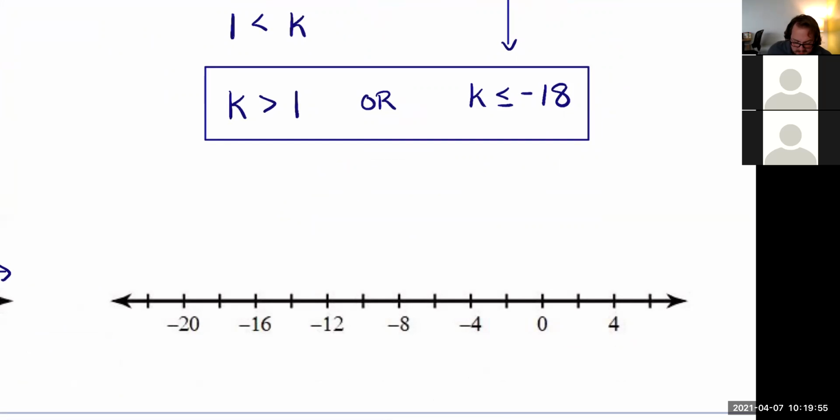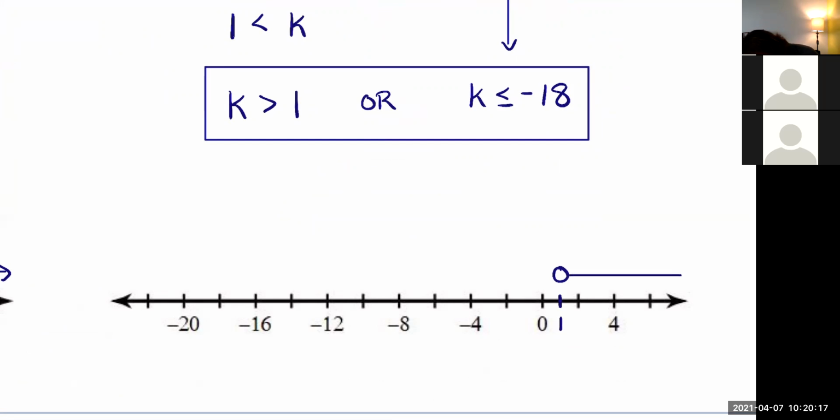How are we going to graph K is greater than 1? Find 1, which is just to the right of 0. We have to put a little notch in there. Open. Not equal to is open. And shade which way?